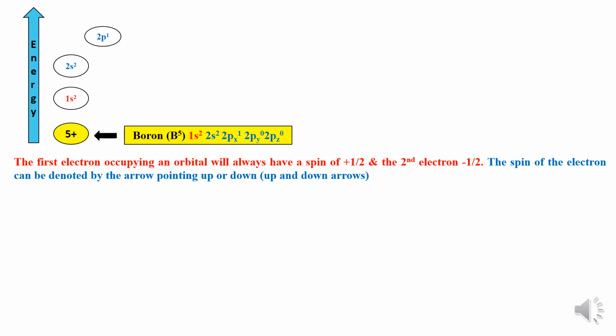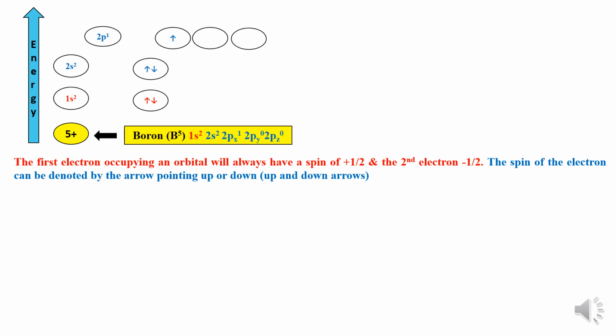So the Aufbau principle is satisfied. And what about the Pauli's exclusion principle? It says that no more than 2 electrons should occupy the same orbital, and they should be of opposite spin. Yes, we see no more than 2 electrons in each orbital. So we abide by the Pauli's principle.